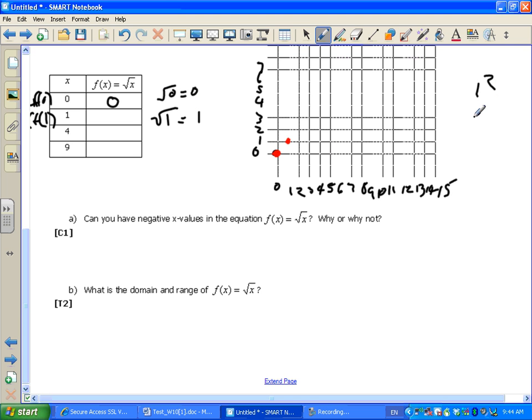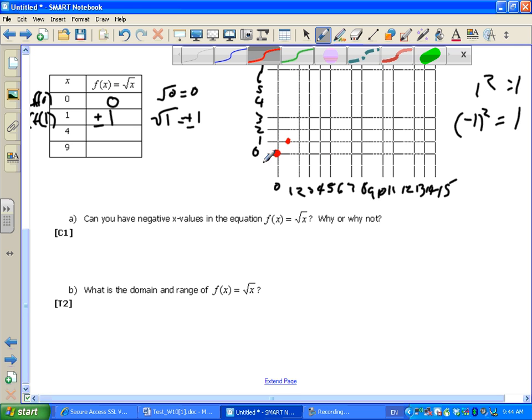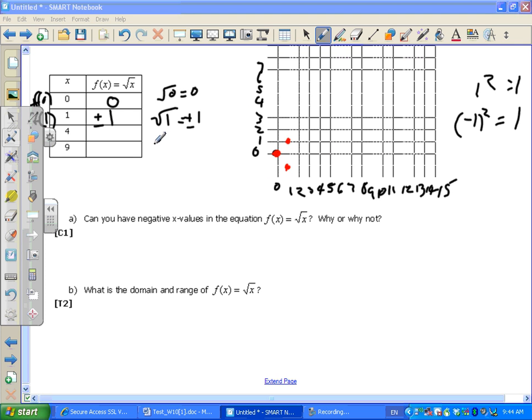I know that 1 squared equals 1. What does negative 1 squared equal? What's negative 1 times negative 1? So, the answer to this is actually plus or minus 1. There are two answers to that. So, when x is 1, y is positive 1 and negative 1. The same idea as with 4.